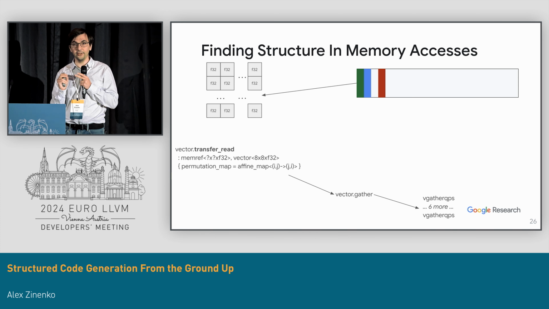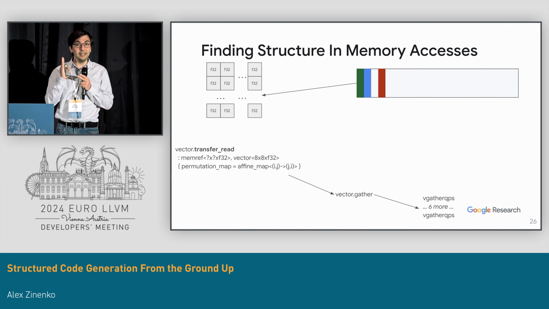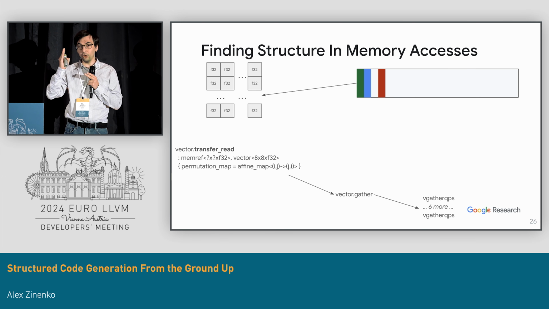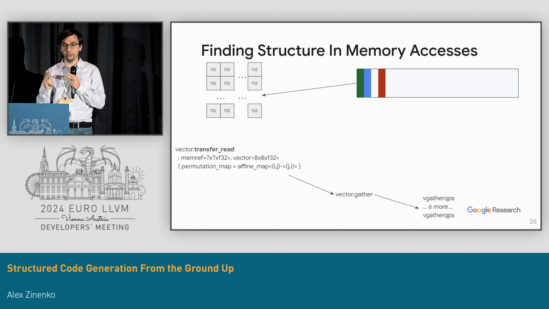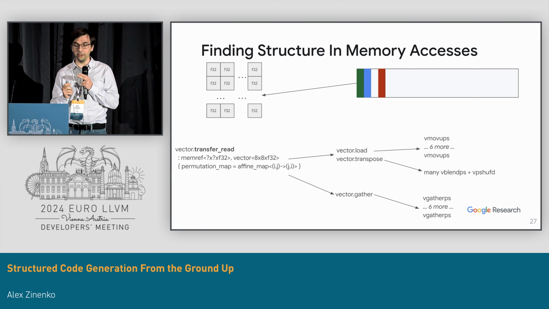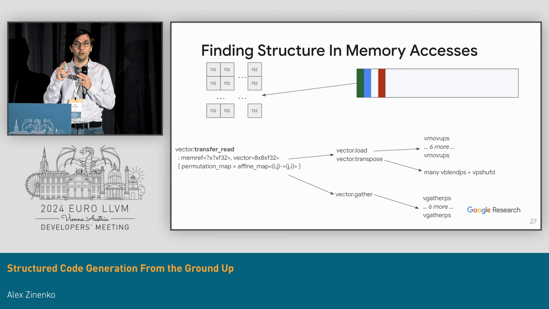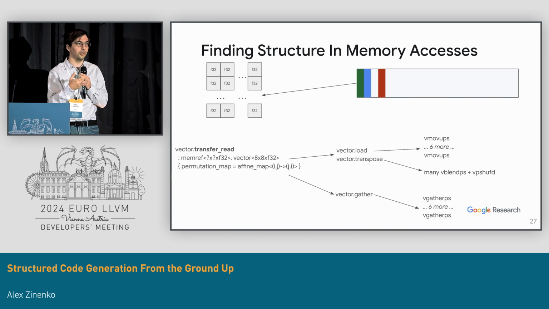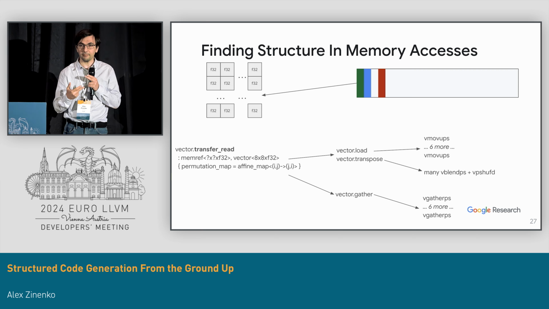Because when we look at this, we see that, well, in fact, we are going to read 4 columns. And these columns are just next to each other. So instead of doing multiple gathers, we can transpose this axis and we can read rows instead, that being more efficient, and then do the transpose in registers.